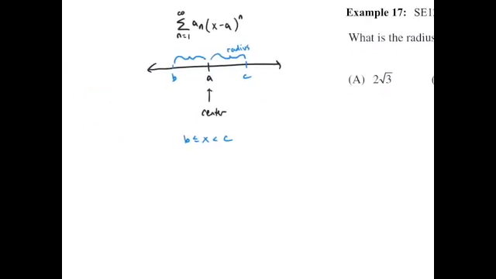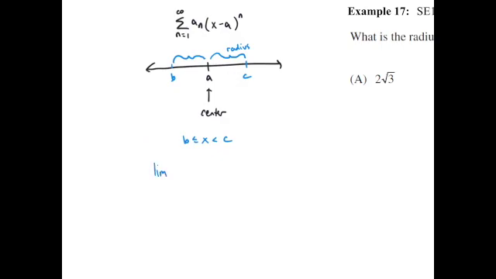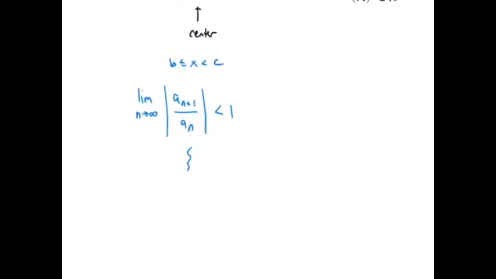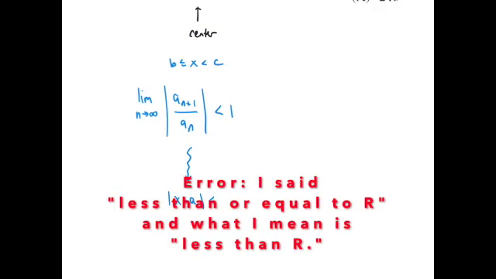Now, with the ratio test, when you take the limit as n goes to infinity of a sub n plus 1 divided by a sub n, and you're looking for convergence, you know that limit must be less than 1. When you simplify this down algebraically, you're going to get the absolute value of x minus a being less than or equal to the radius.